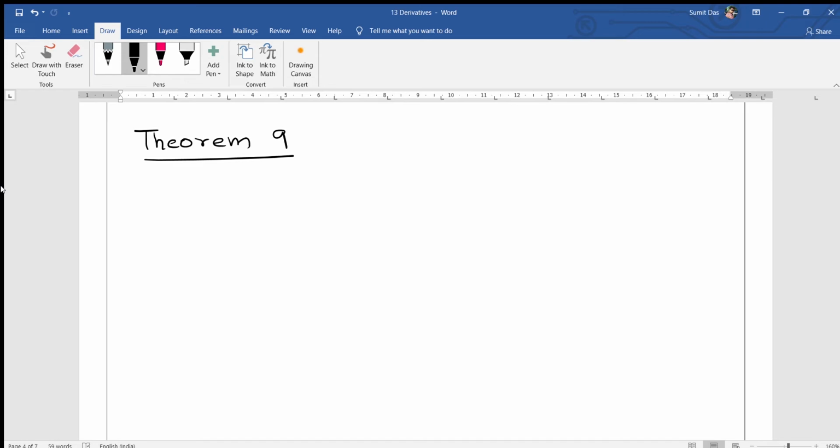What is theorem 9 saying? Theorem 9 is saying the derivative of x to the power n is equal to n x to the power n minus 1.